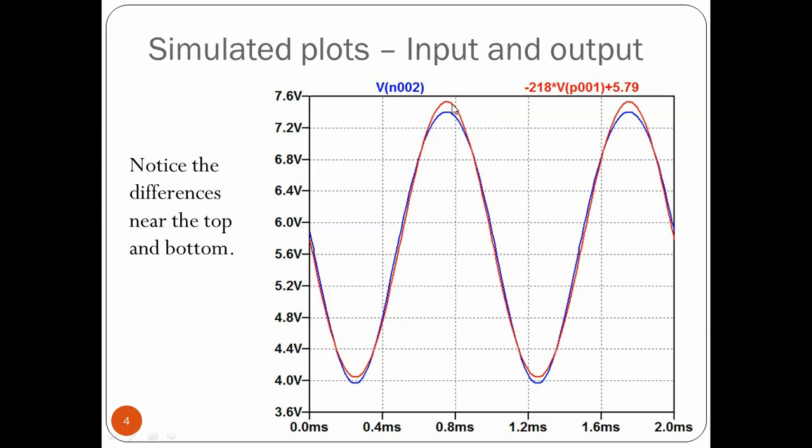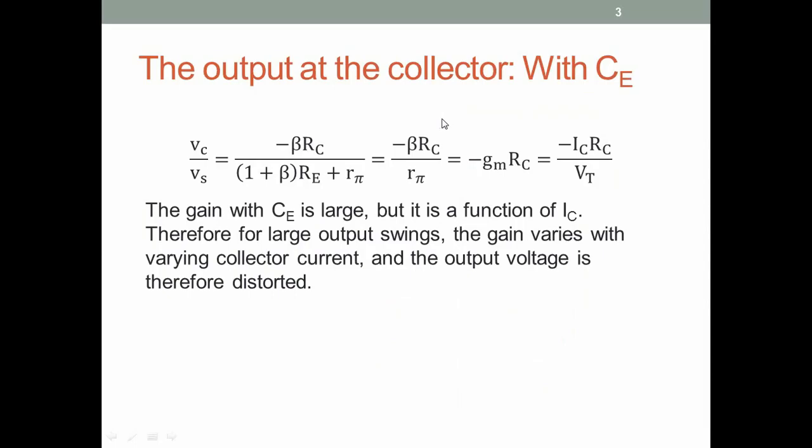And what we saw was that at the high end of the output voltage, the output experiences a lesser gain than the nominal gain, which was minus 218. And at the lower end, the output experiences a higher gain, and these are due to the collector current being higher here and lower here. So this is a disadvantage of a circuit with an emitter bypass capacitor.